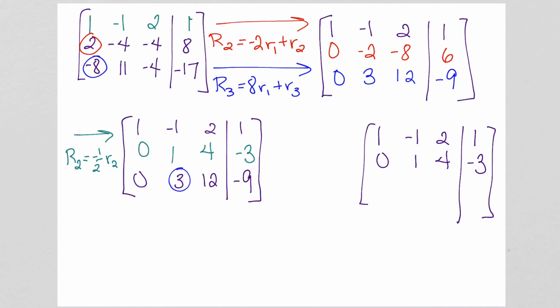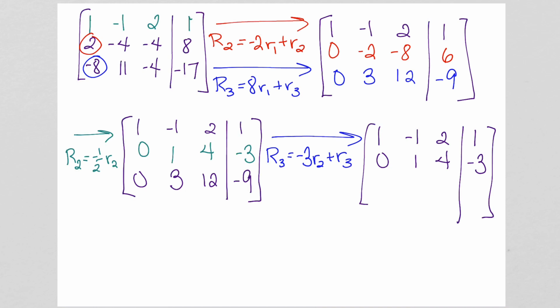The third row, what are we going to do to it? 3 minus 3 is 0. So we need to take row 3 and first multiply row 2 by negative 3, add it to row 3. So here we go.